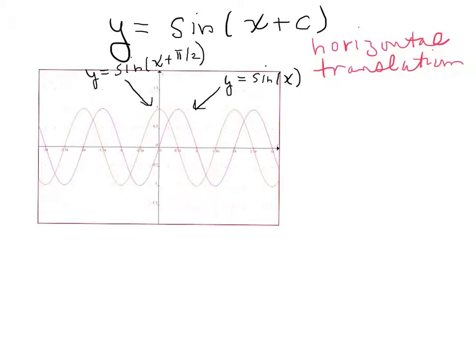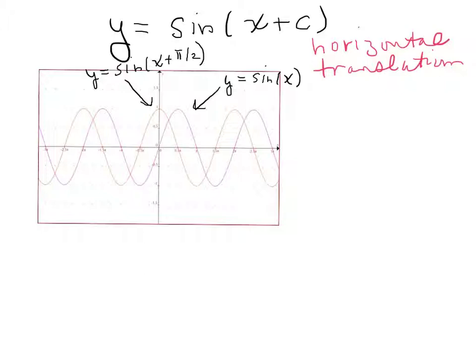Okay, so friends, I believe a picture is worth 1,000 words here. So again, in purple, we have the standard graph of sine of x. Now I've graphed the sine of x plus pi over 2, and that's right here. And can you see how it moves? Take a second, press pause if you want, and see if you can come up with a guess.